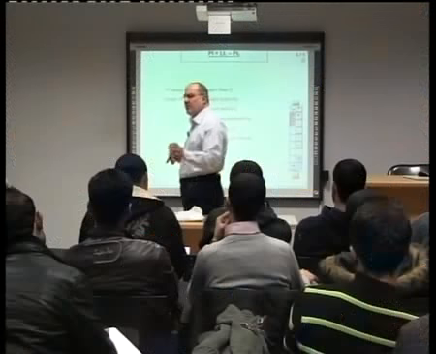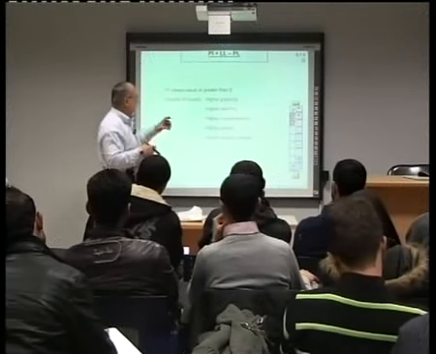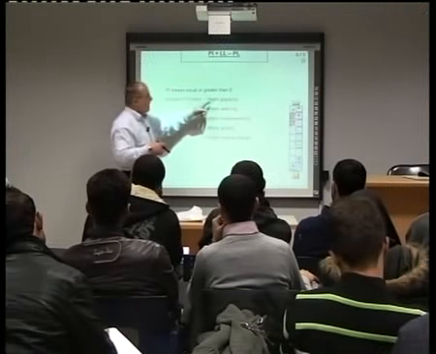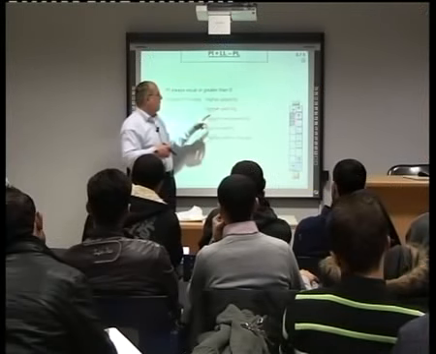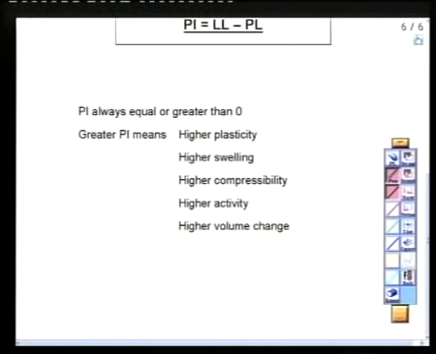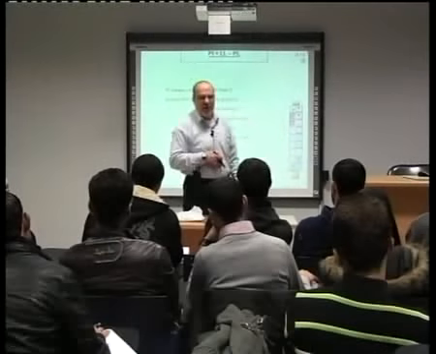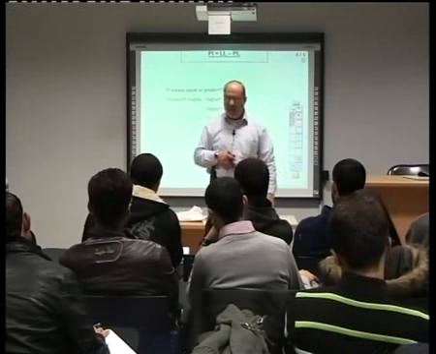Smaller PI means smaller plasticity. Greater PI means higher plasticity, which is a bad sign. Higher swelling, which is a dangerous sign. Higher compressibility, which is not good. Higher activity, which I don't like. Higher volume change. Swelling, intifakh. Compressibility, hubut.